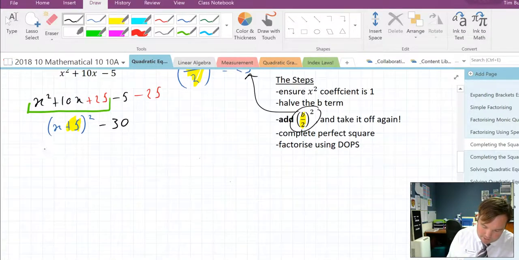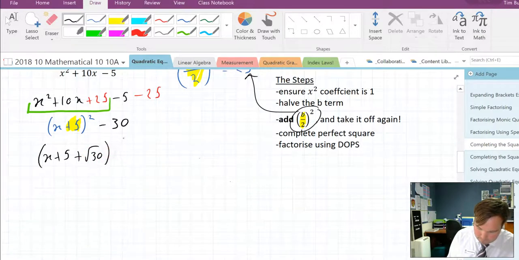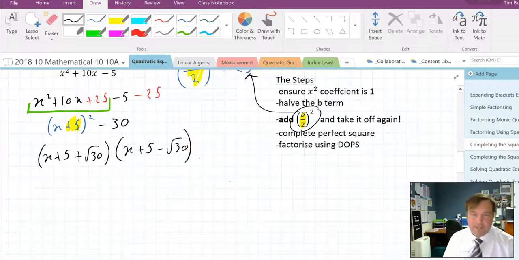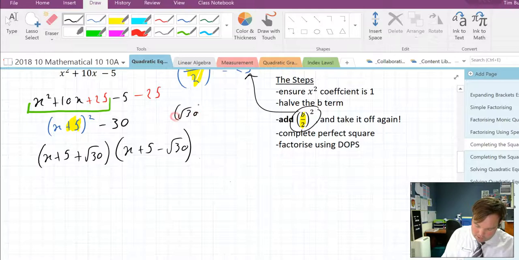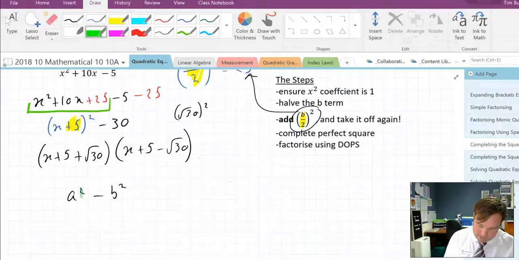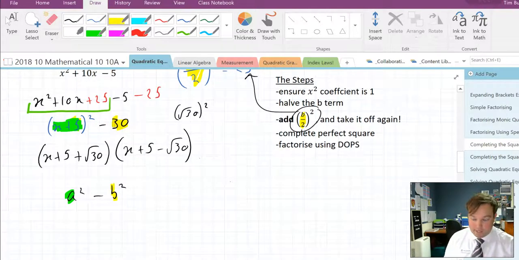So this factorises as x plus 5 plus root 30, x plus 5 take root 30. A little bit painful, but doable. You just got to remember here that 30 can be written as root 30 squared, and therefore what you've got actually looks like a squared take b squared, where your a is x plus 5 and your b is, sorry, root 30.